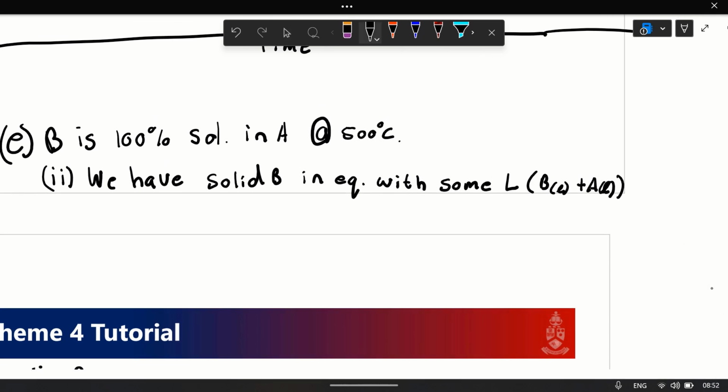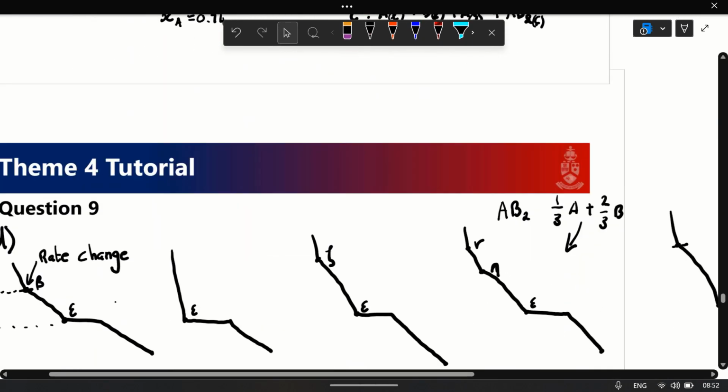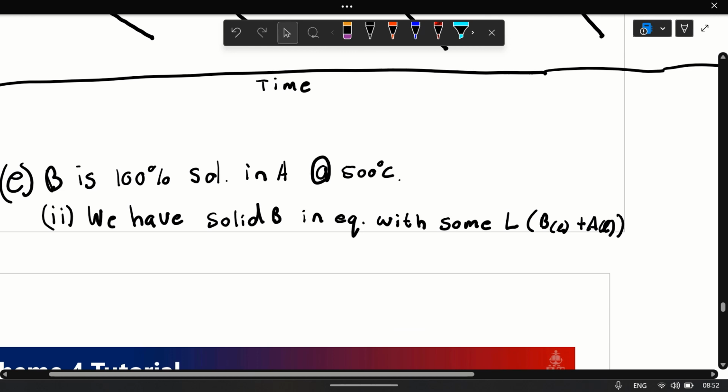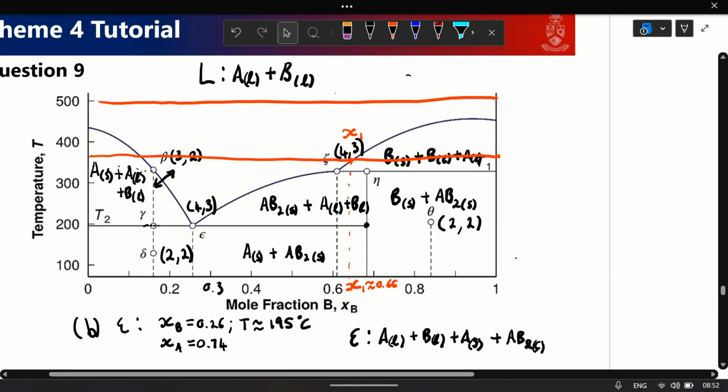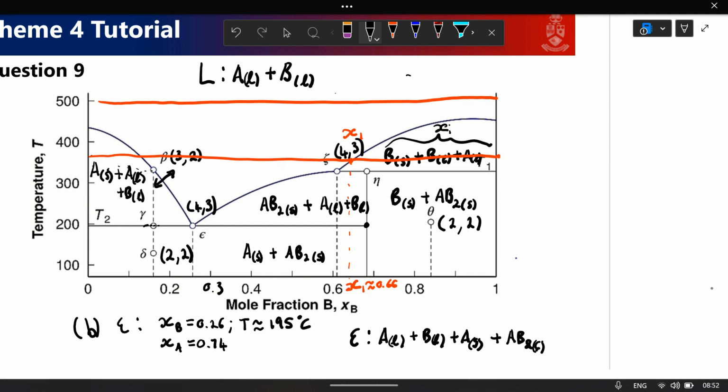We wrote that earlier at this composition, x1 equals 0.66. So that's where we are. We are in this region over here. I know x1 is technically to the left there, but we're in that region is what we're talking about.